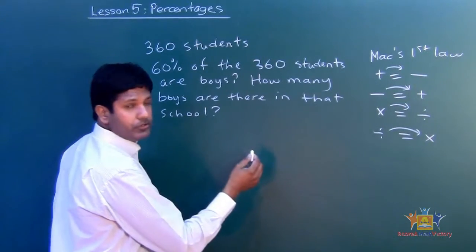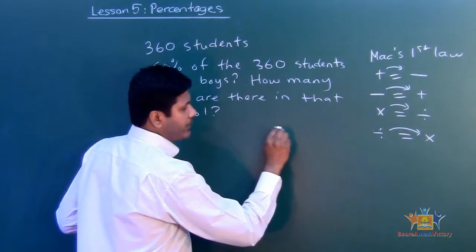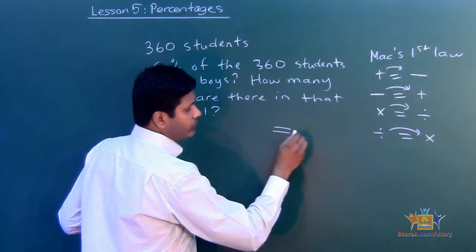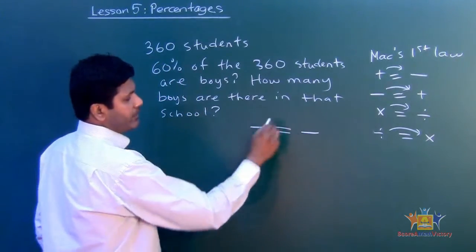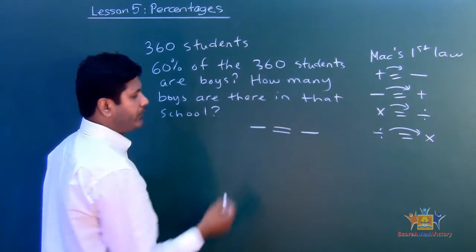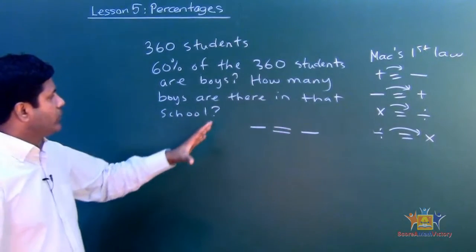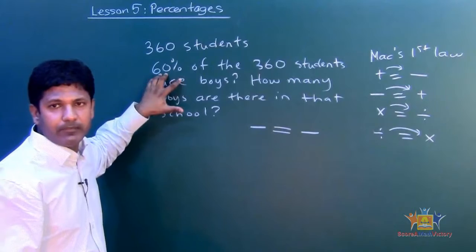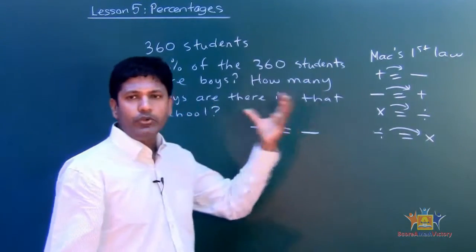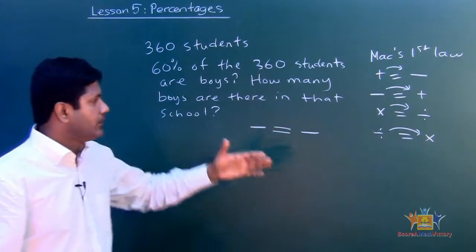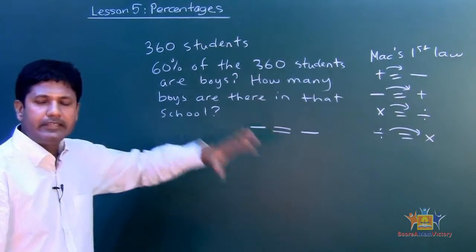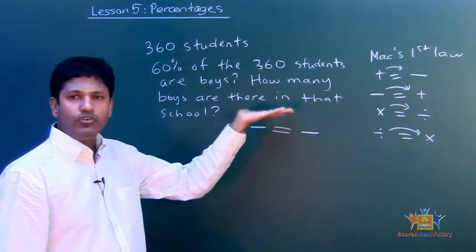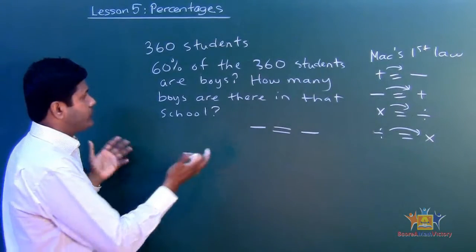So what method are we going to use? Exactly, the aeroplane method. We put the equal sign and then the two wings. This is the body of the aeroplane and the two wings. First, we're looking for 60%. Always keep up top the one you're looking for. The one where you already know both ends goes on the bottom, that's the denominator. Always keep as the numerator the one you're looking for, which is 60%.